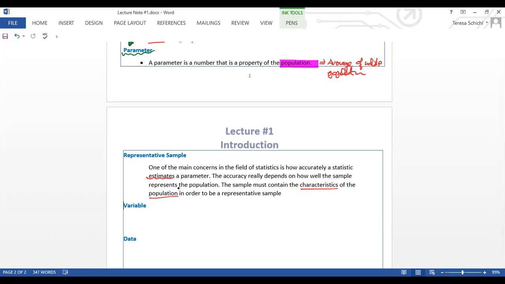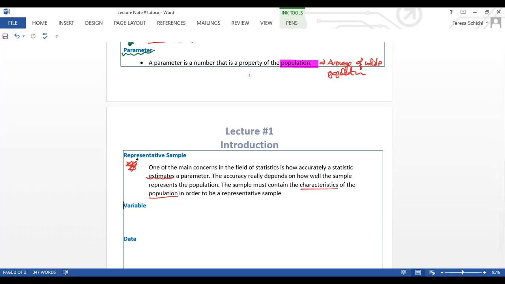If you do that, then whatever your statistic provides will not be a good estimator for the parameter, because it's not representative. Because this is so important, we're going to have a separate unit to talk about what types of sampling we're going to use and what issues could come with that.